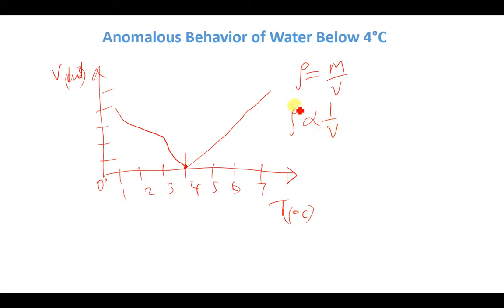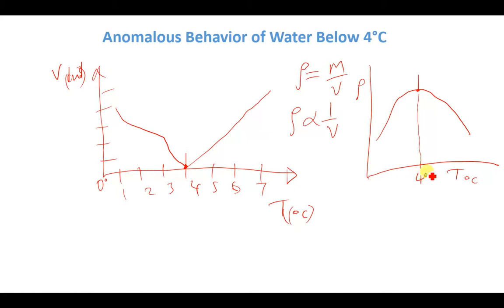If you sketch the graph of the density in kg per meter cubed against the temperature in degrees Celsius, you discover that you have a graph somewhat like this. This is the turning point of the curve. That is where our 4 degrees Celsius is, and this is where our maximum density is, which is 1 in cubic centimeters.